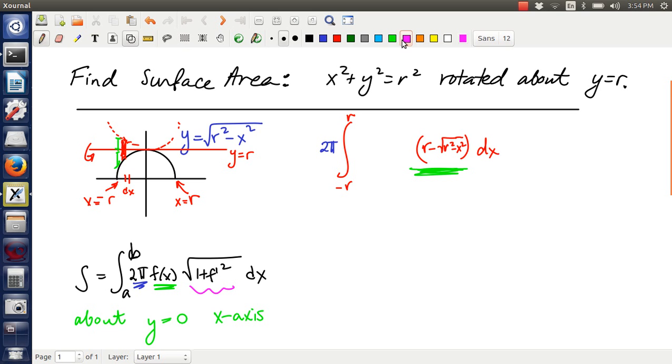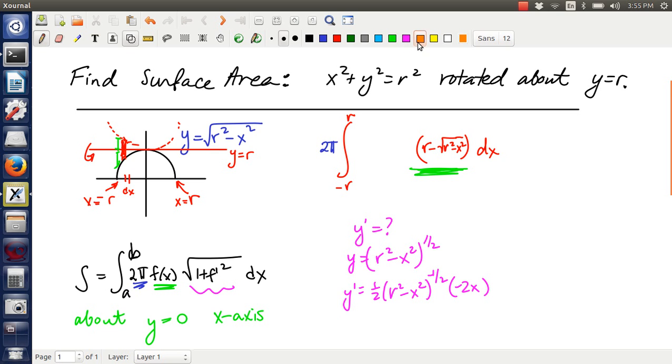Okay, so this pink piece, we need f prime, or y prime, is what? Well, y is this expression written to the 1/2, so y prime is 1/2 of the same expression to the minus 1/2 times the derivative of what's inside.